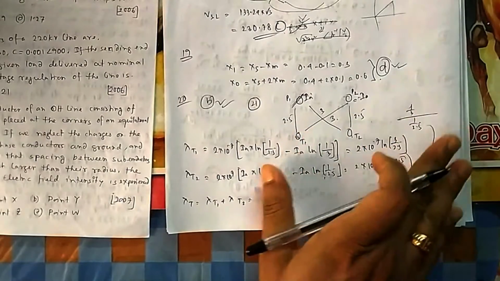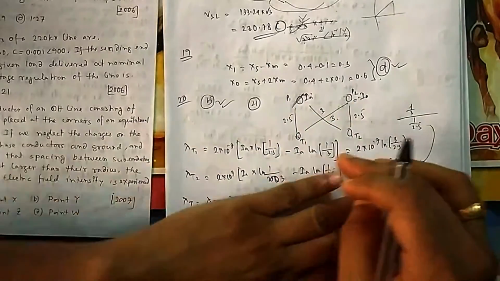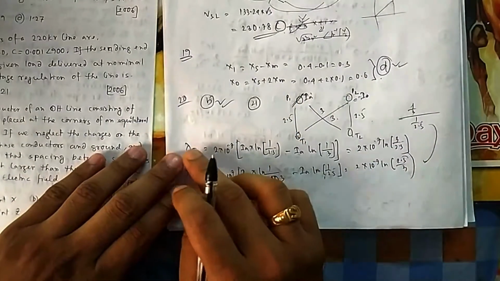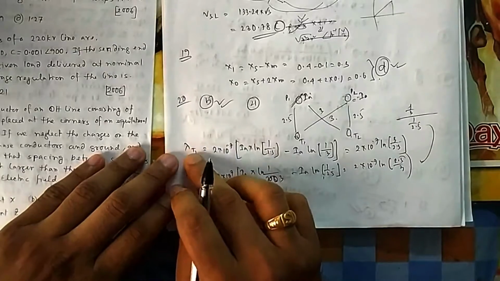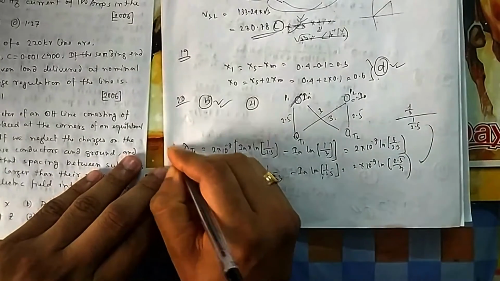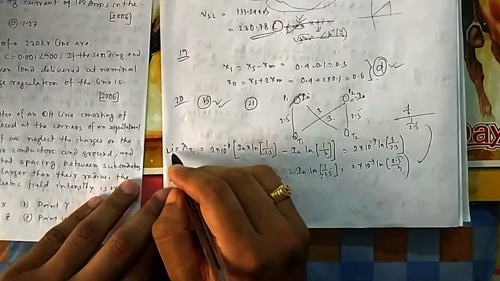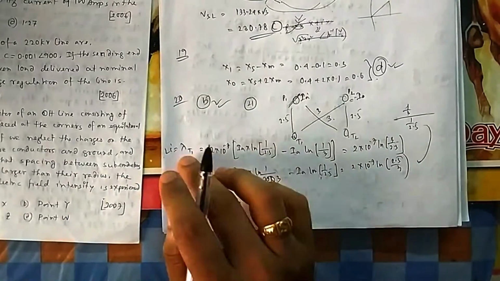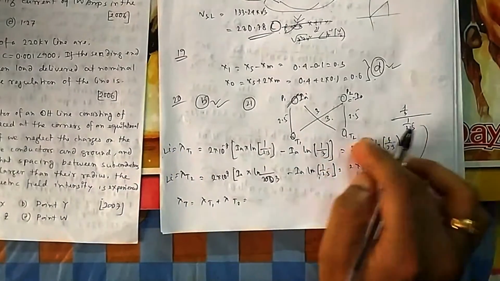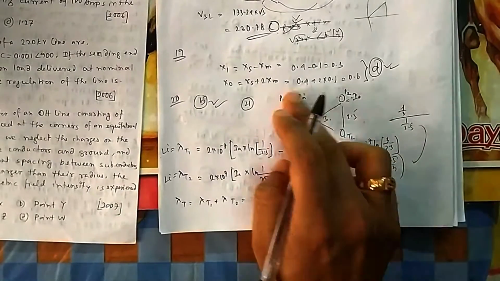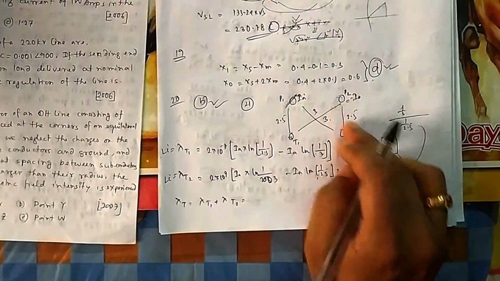The voltage induced in T1 will be omega into psi T1, because psi is nothing but Li. If you multiply by omega, then omega Li, that is the flux linkage, I into XL, gives voltage. This will be the voltage induced here due to these two.